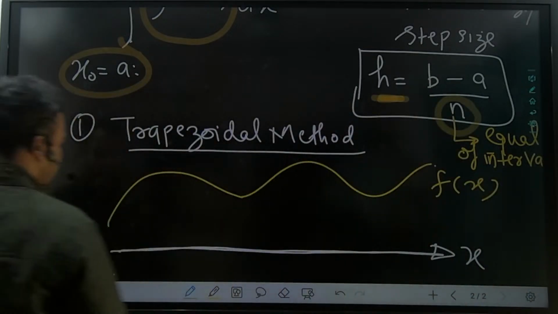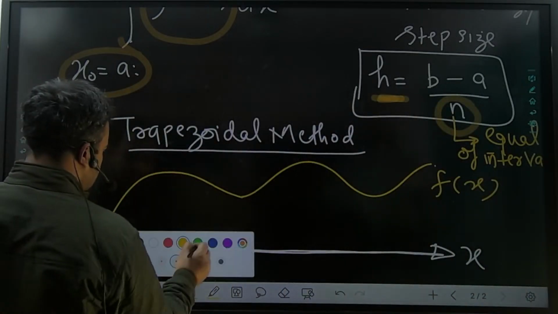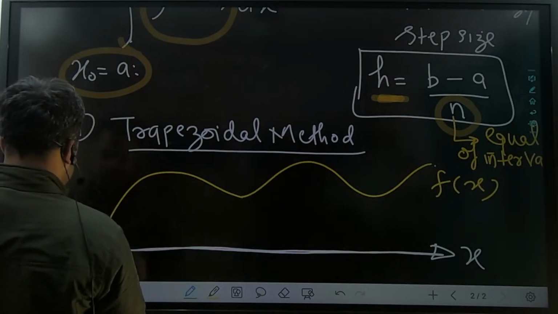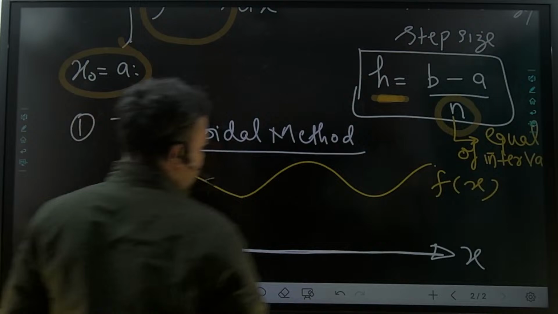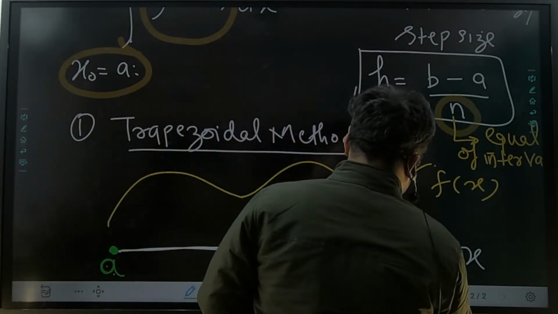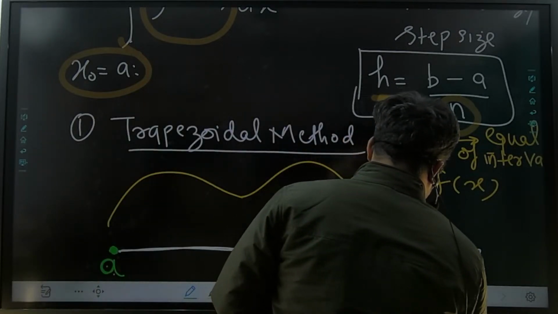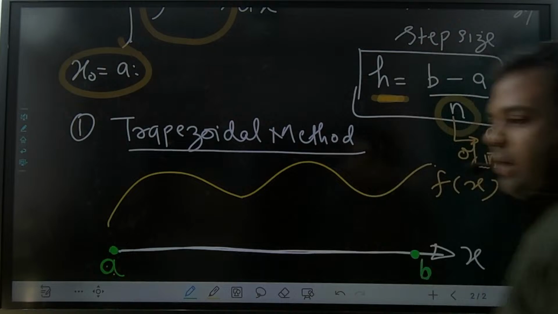We have to integrate this from some lower limit a to the final limit b. That's what was given.